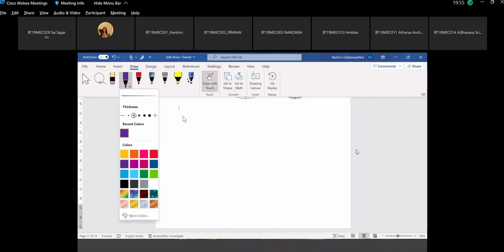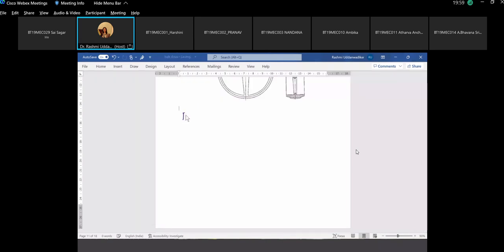Okay, so let's start with the pulley design. We have already done the gear blank design. The pulley design would be almost the same. The first thing that is required is the pulley diameter.